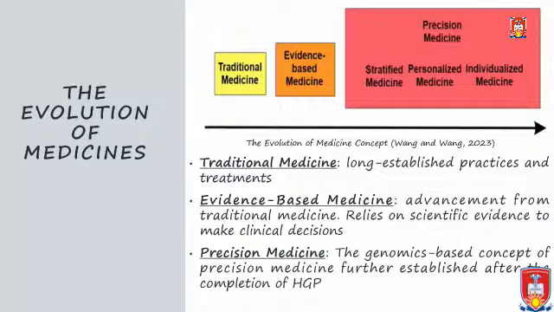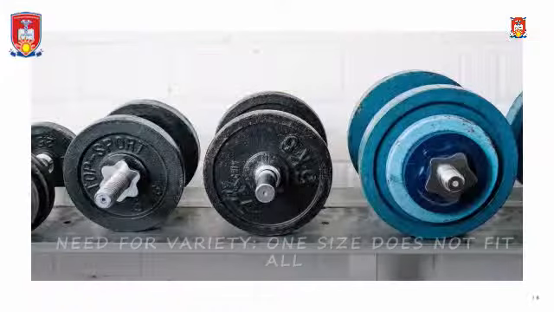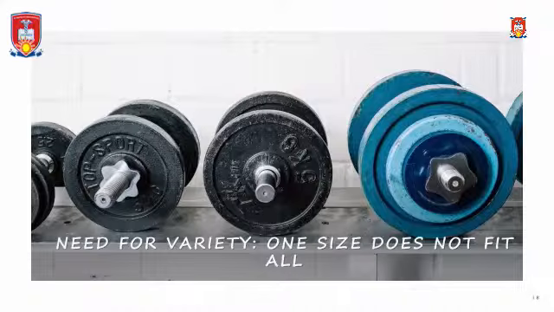Now we are going to precision medicine, where your genome is going to help the clinician decide what kind of treatment he's going to give. And I think we need to challenge ourselves to get onto that bandwagon. It's very important. One size does not fit all.